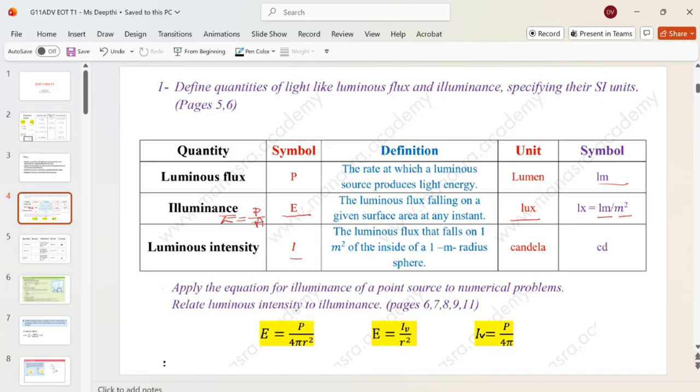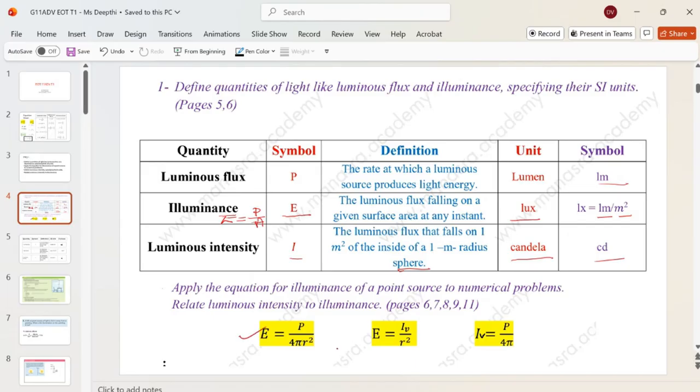So that is the definition. If you see the word sphere, that is luminous intensity. Inside a sphere, if there is a unit area, the light falling on that particular area, that's called luminous intensity. And it depends on the angle at which light falls on it. And the unit is candela and the letter is CD.